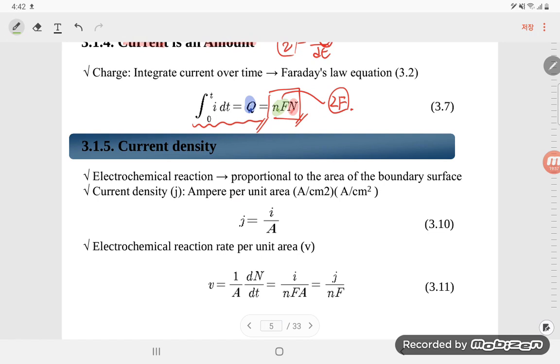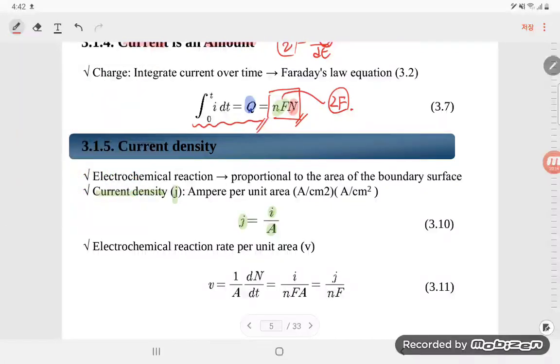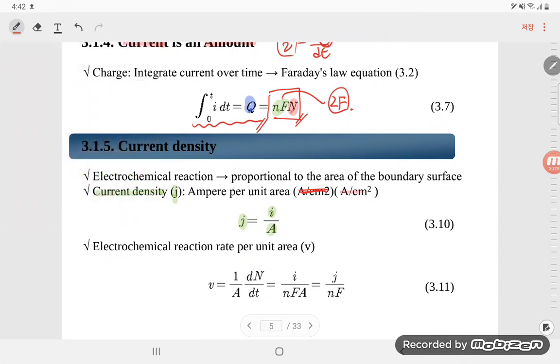So we want to use the unit area of the fuel cell. So the current density is expressed in terms of J. So J equals I over A, right? And the unit of the current density is ampere per square centimeter.